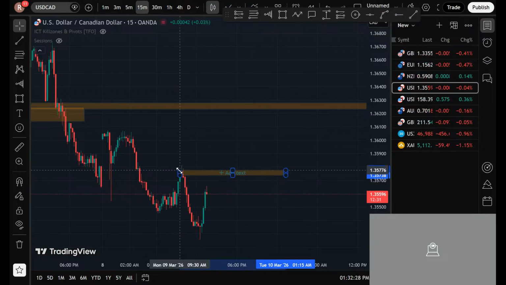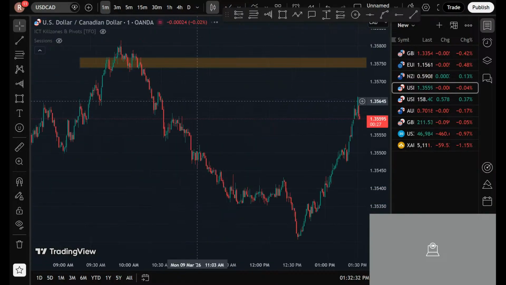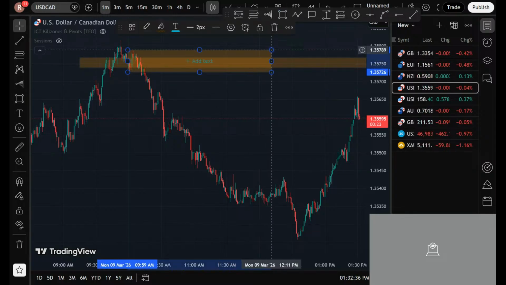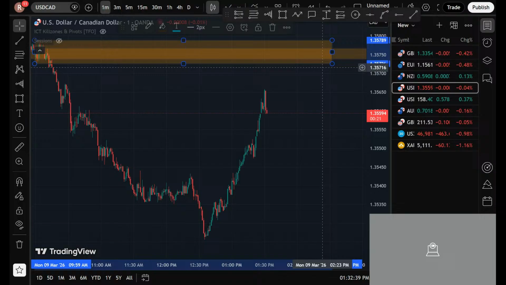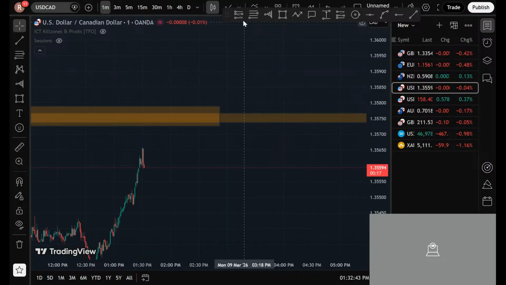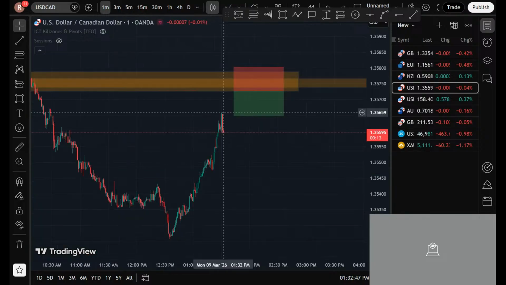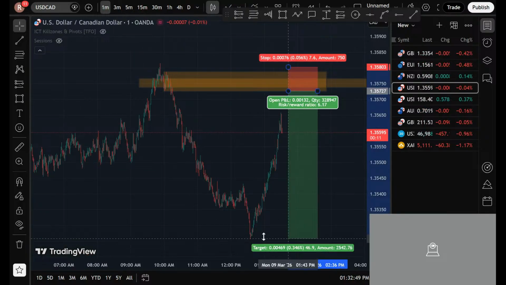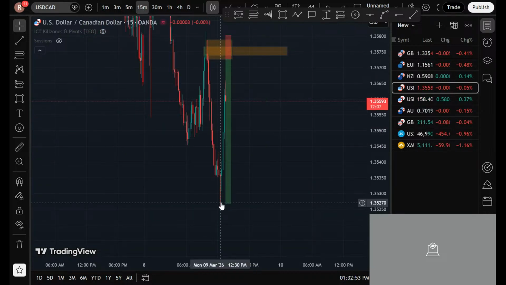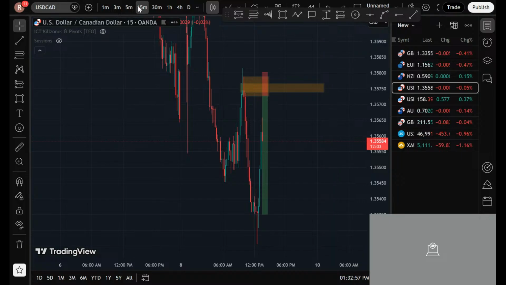So, guys, if the market comes to this area, we have one order flow over here. Proper order flow. If the market taps over here, there's a high chance the market will reverse from here, but I just need to wait for the market to tap over that zone. If it taps, it's so good.